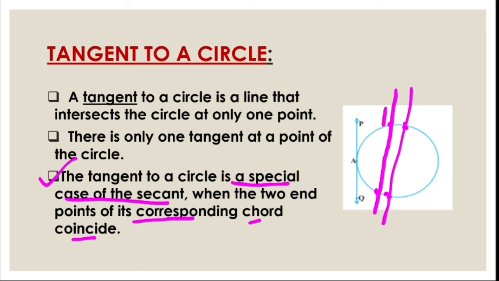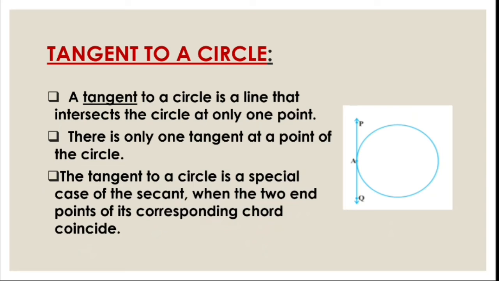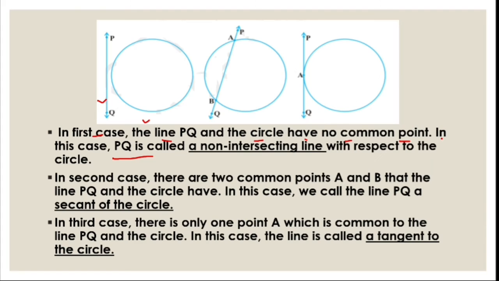Similarly, if you change the position of PQ, at a certain time PQ will be in this position, and at that time it will intersect the circle in a single point. So you can say that the tangent is a special case of secant when the two points of intersection coincide with each other. Okay, this is the second point.